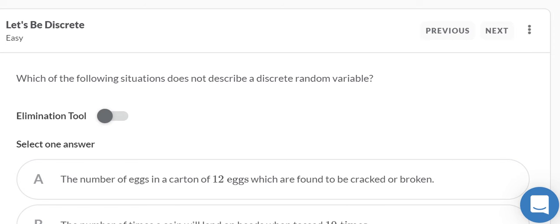Here we are asked to identify a scenario that is not described by a discrete random variable. So let's talk about what is discrete. Discrete is a variable that is countable. Like there's not infinitely many outcomes in between. So if I can count something on my fingers, that is discrete.